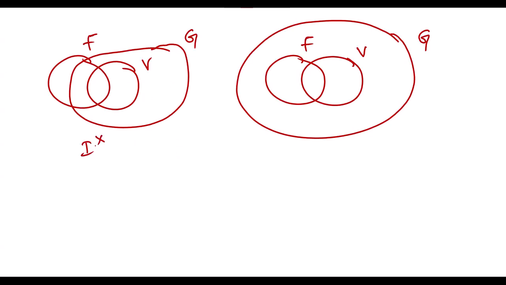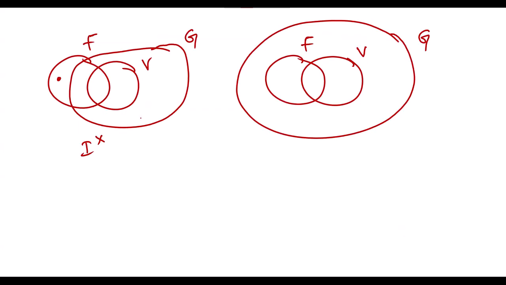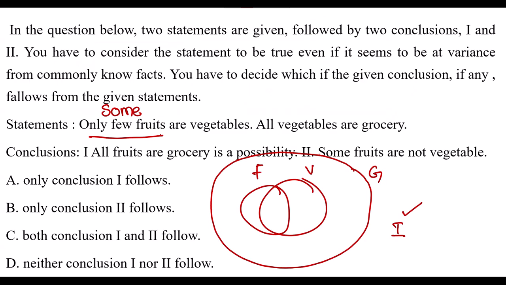First conclusion wrong. Second conclusion: some fruits are not vegetable. Yes, these are fruits which are not in vegetable. Some fruits are not vegetable. It's correct only, sorry. Obviously, from the statement, we can take the second one as true. They clearly mention only few fruits are vegetable, that's clearly there in the question.